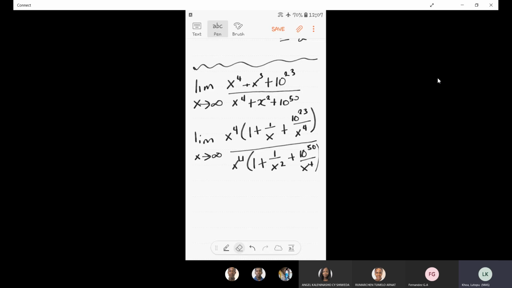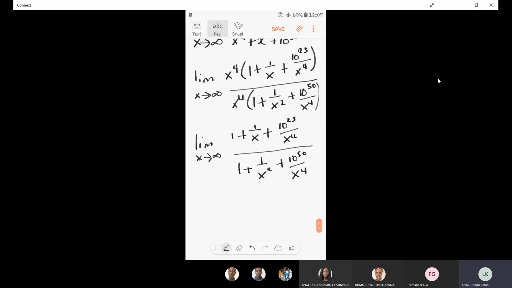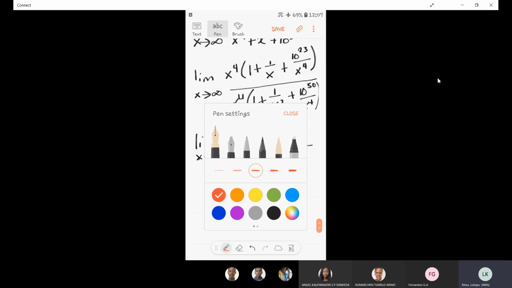So I will be left with the limit as x goes to infinity of 1 plus 1 over x plus 10 to the power of 23 over x to the power of 4, over 1 plus 1 over x squared plus 10 to the power of 50 over x to the power of 4. Then we see what is happening.